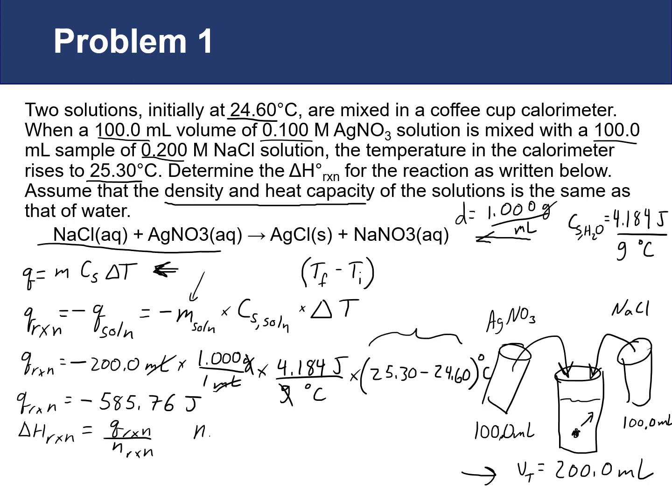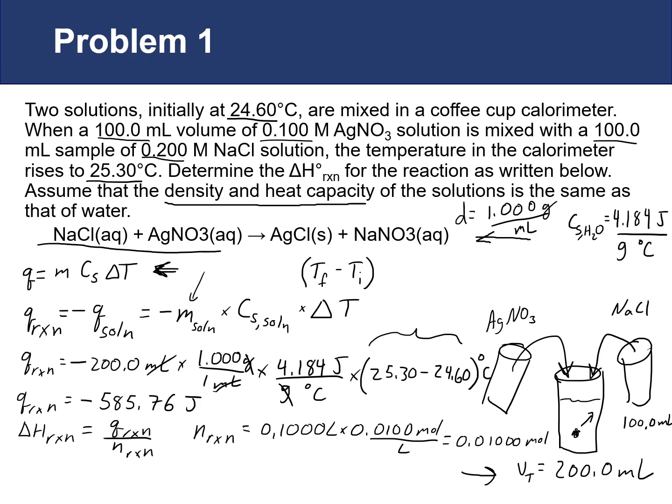The number of moles for the reaction then is equal to the number of moles of silver nitrate that we have, which would be equal to 0.1000 liters times 0.0100 moles per liter. And this works out to be 0.01000 moles.